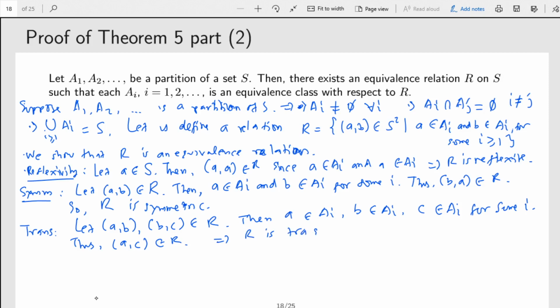So R is reflexive, symmetric, and transitive. So R is an equivalence relation.